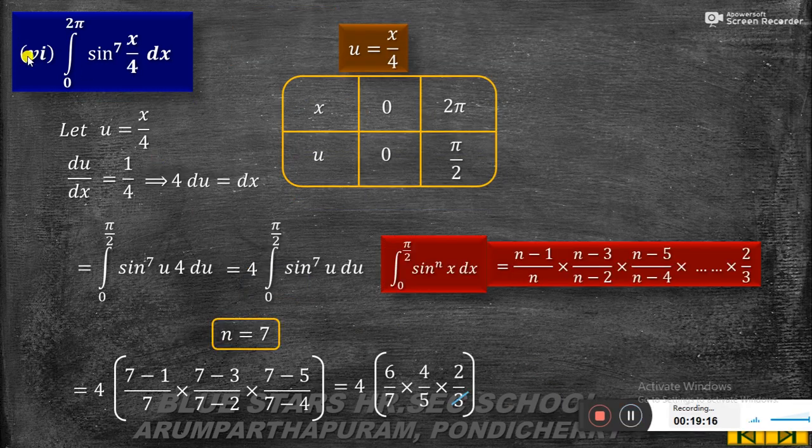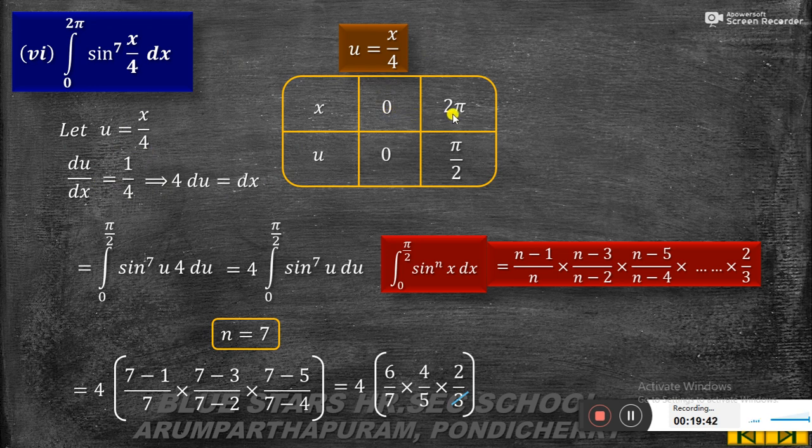So you see that in the sixth subdivision, integral 0 to 2 pi sine power 7 of x by 4 into dx. Here u equal to x by 4, so you take u equal to x by 4 and differentiate with respect to x: du by dx equal to 1 by 4. So you just cross multiply: 4 into du equal to dx. Now substitute the limits.